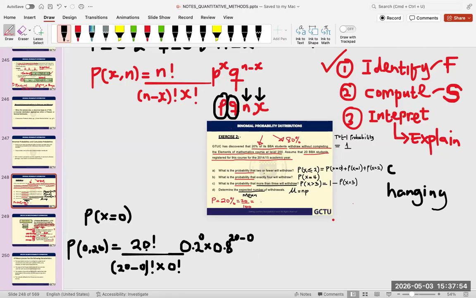So this is the first one plus the second one, probability of x equals 1. Wherever we see x, we put 1 there.